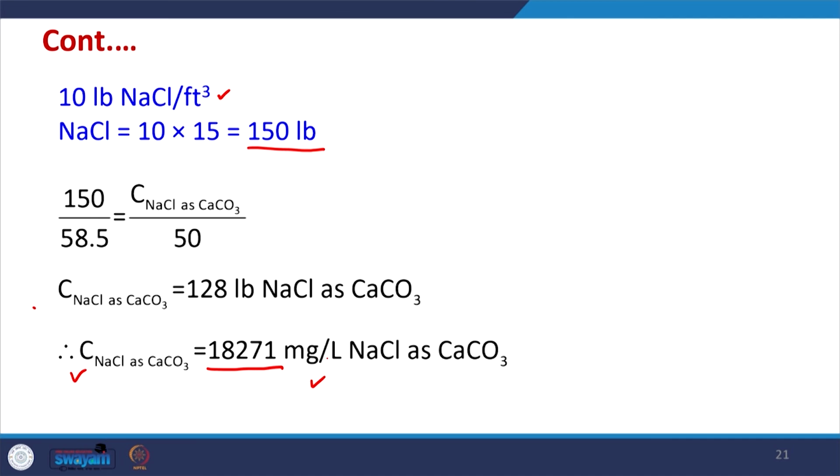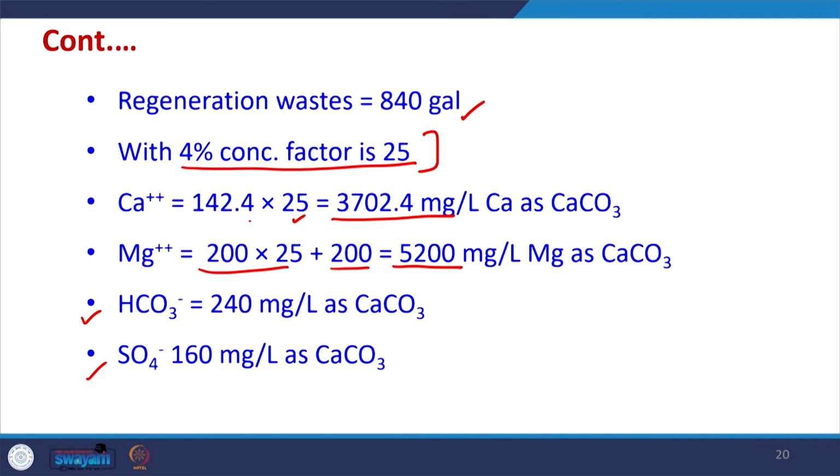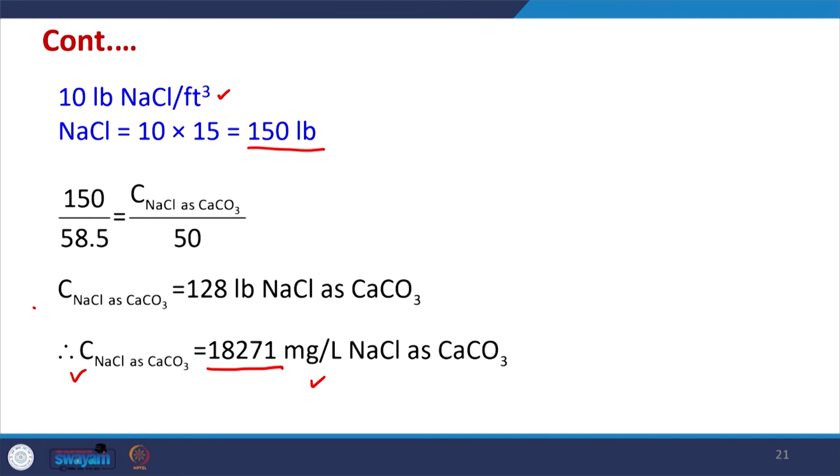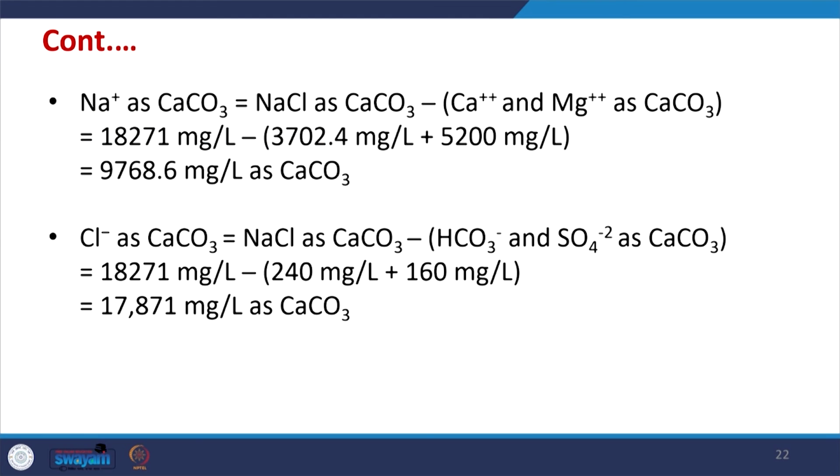We have calcium, magnesium, sulphate and bicarbonate also, and we convert all the data, this sodium as CaCO3 has been converted into milligram per liter as CaCO3 using this calculation, and similarly chloride has been converted because NaCl as CaCO3 will be there, and we can subtract the HCO3 and sulphate as CaCO3.